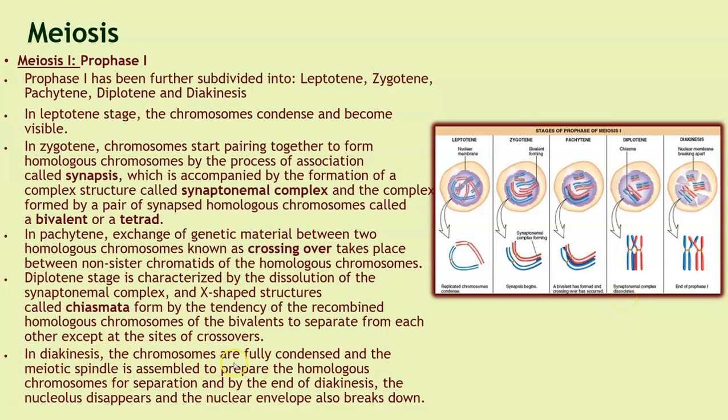In diakinesis, the chromosomes are fully condensed and the meiotic spindle is assembled to prepare the homologous chromosomes for separation. At the end of diakinesis, the nucleolus disappears and the nuclear envelope also breaks. So here you can see that gradually the nuclear envelope is disappearing along with the nucleolus, and now it is ready for its next stage.